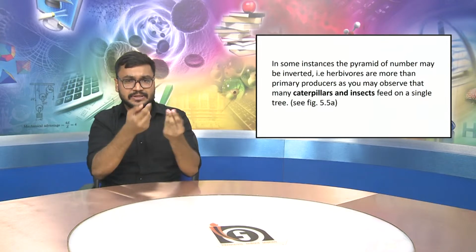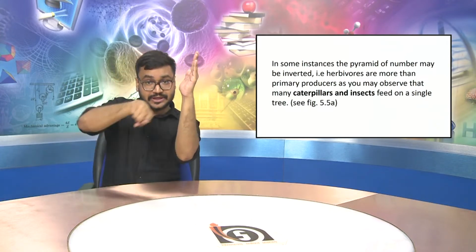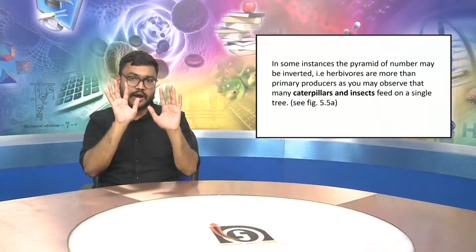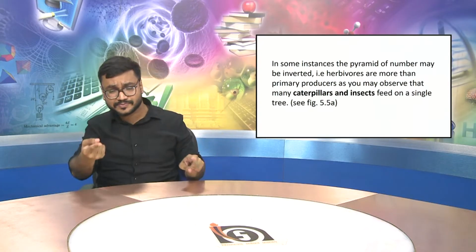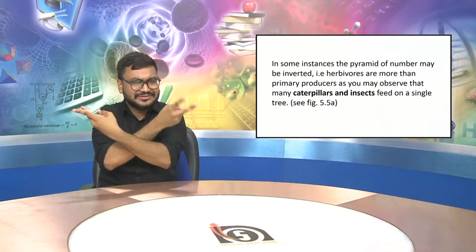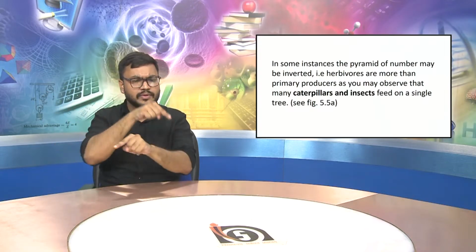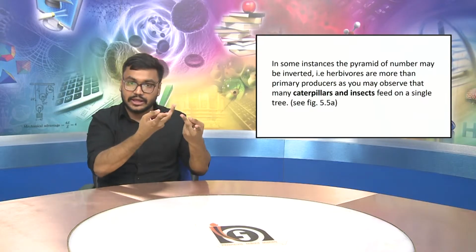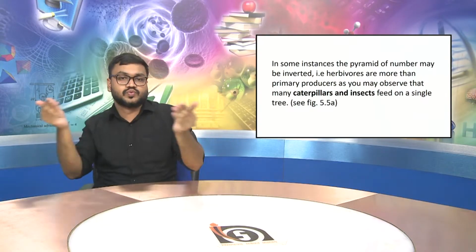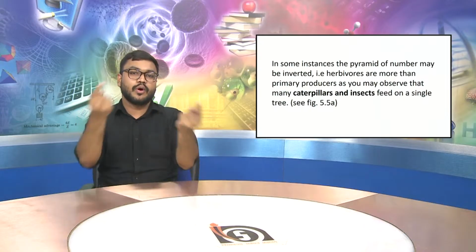In some instances, the pyramid of number may be inverted, that is, herbivores are more than primary producers, as you may observe that many caterpillars and insects feed on a single tree.